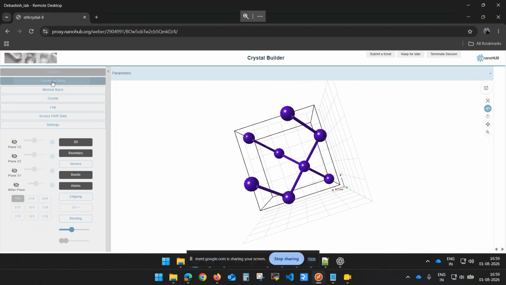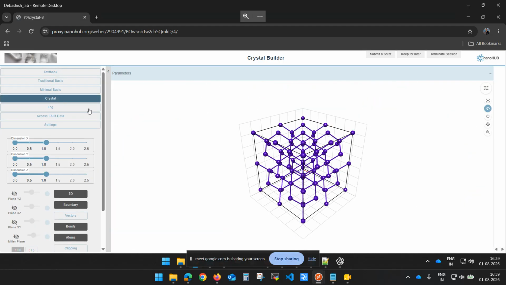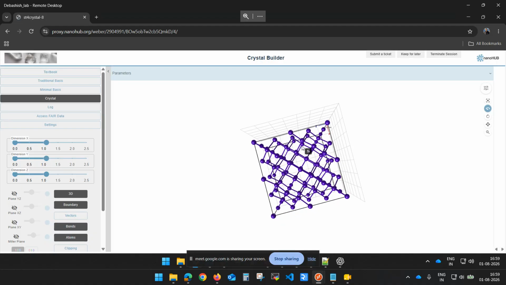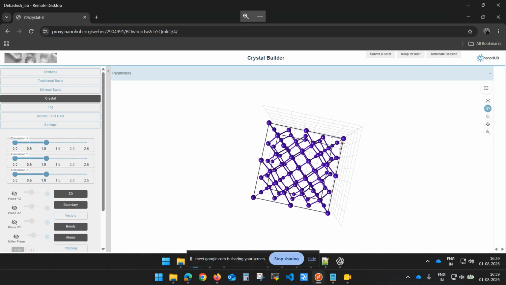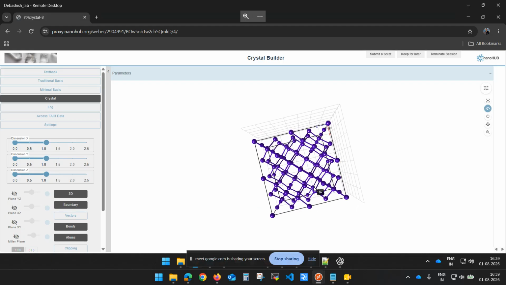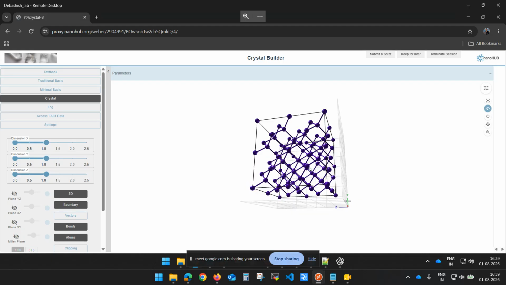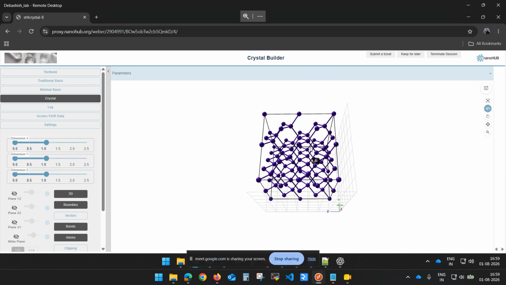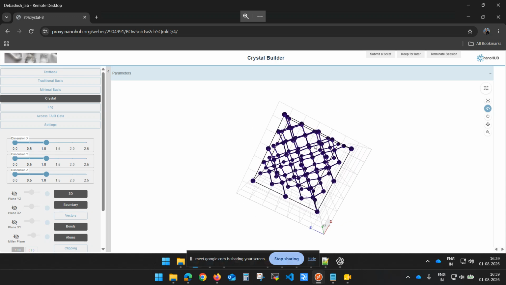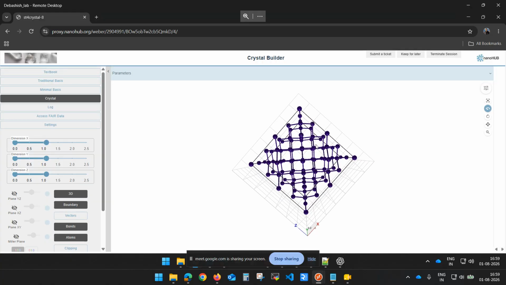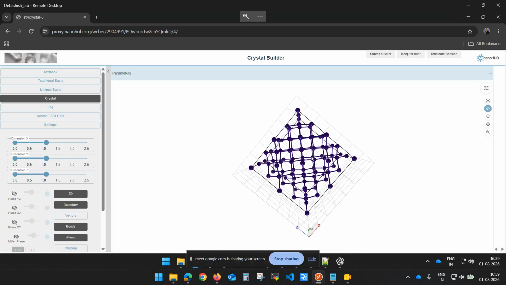So this is the crystal. How do I show that to you? Yeah, it is not aligning correctly.